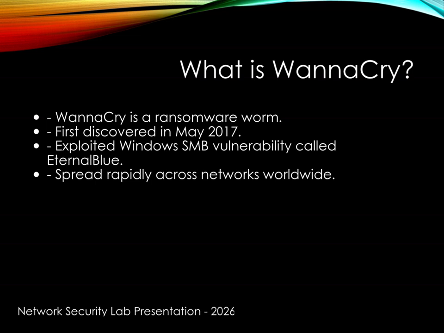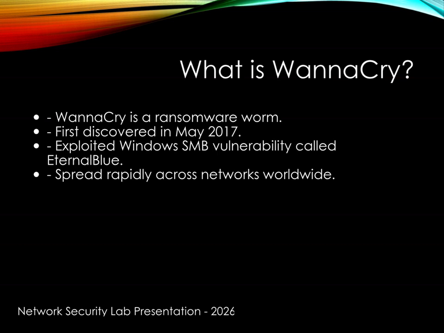What is WannaCry? It's classified as a ransomware worm. It first appeared in May 2017 and quickly became one of the most widespread cyber attacks in history. What made WannaCry unique was its use of a Windows vulnerability known as EternalBlue.